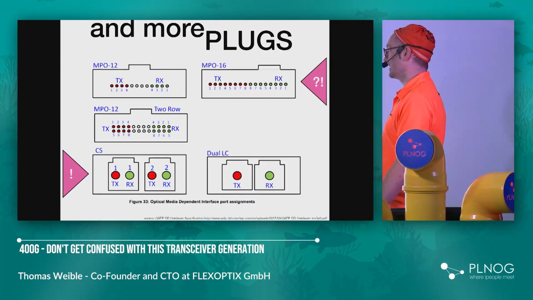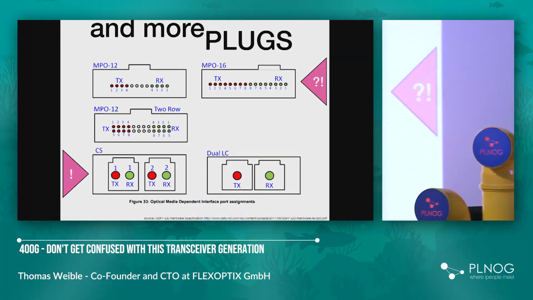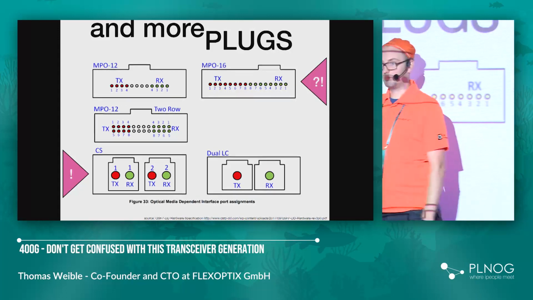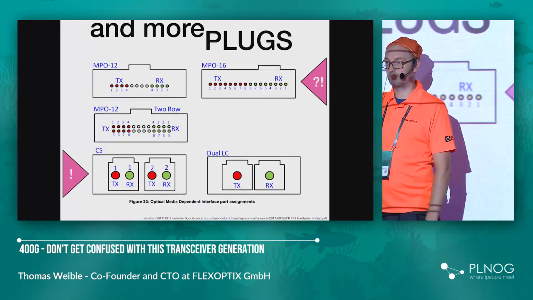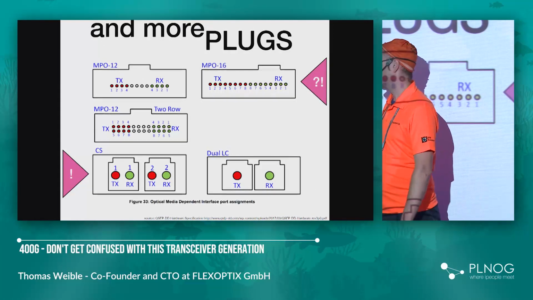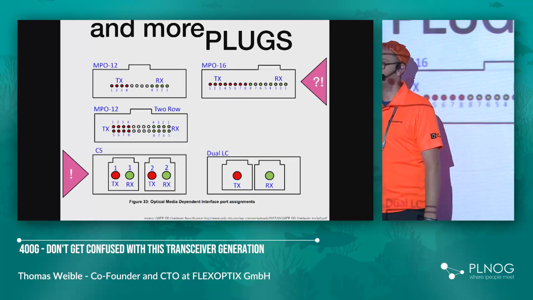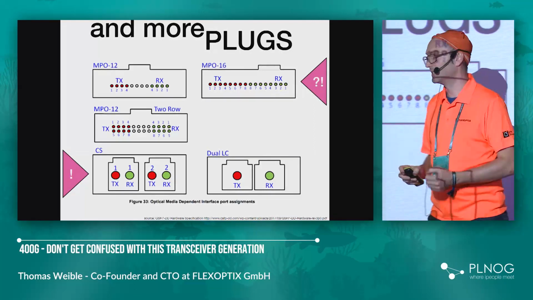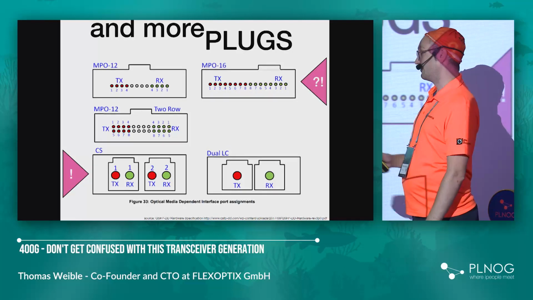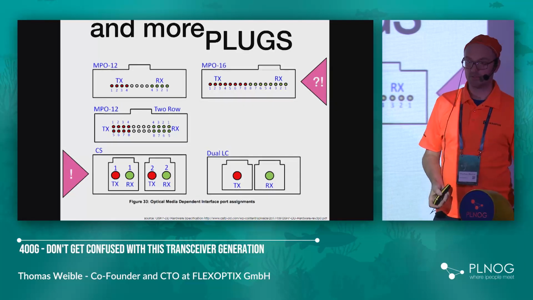Okay, finally, when we come to the physics, we got even more plugs now for 400 gigabit. So you might be familiar with the MPO one. I'm not a fan of MPO because it's damn difficult to produce and also to get it maintained in the field out there. And it can be a hassle because you get 8 lanes in total and each of them has to connect very precisely. There will be a new one called MPO 16, yeah, hooray. 16 fibers in total.